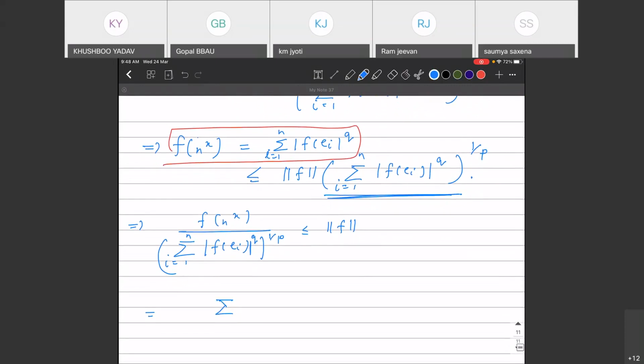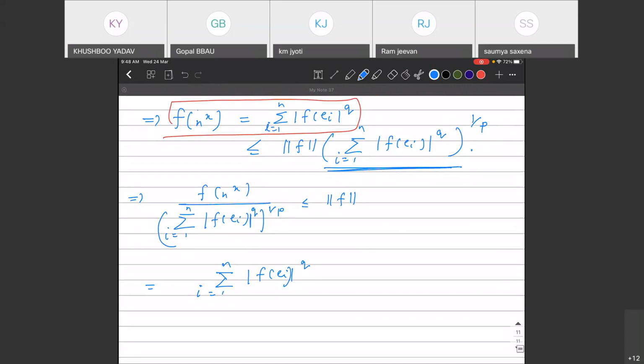So what we get, this is i from 1 to n mod f(ei) to the power q.